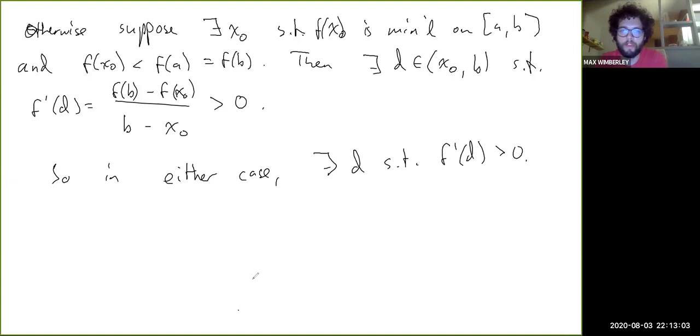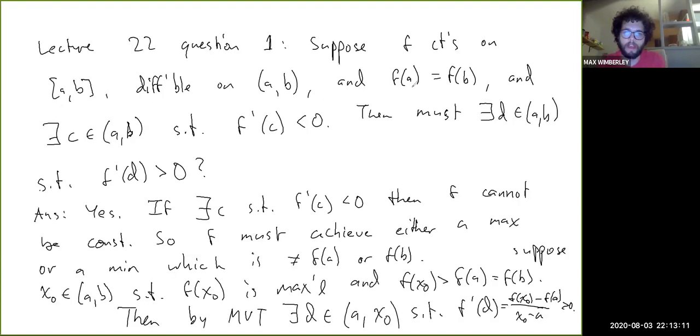Okay? So this is in line with our intuition that in a situation like this, where f of a equals f of b, the average slope is 0. So if there's a place where f prime is less than the average, then to balance that out, there has to also be a place where f prime is bigger than the average.